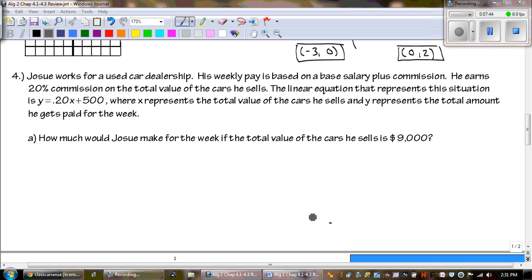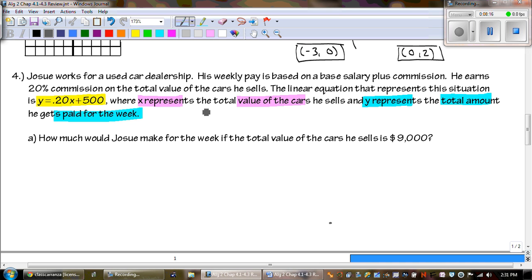Okay, next one. Says Jose works for a used car dealership. His weekly pay is based on a salary plus commission. He earns 20% commission on the total value of the cars he sells. The linear equation that represents the situation is y equals 0.20x plus 500, where x represents the total value of the cars he sells, and y represents the total amount he gets paid each week.